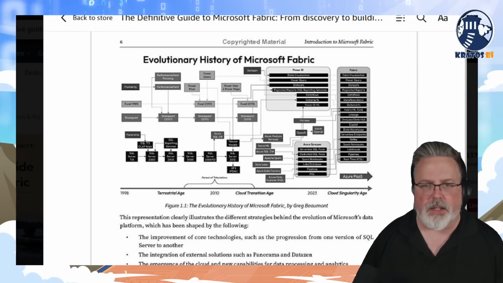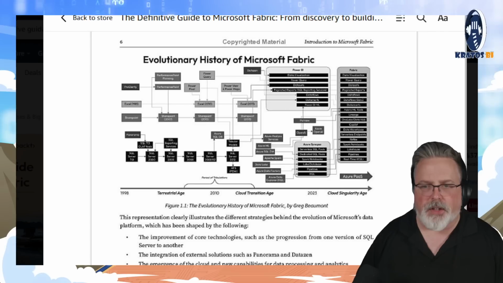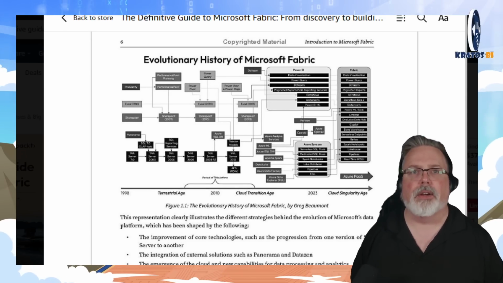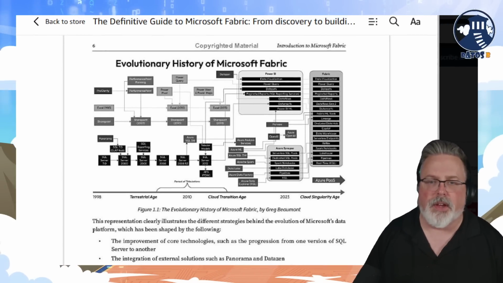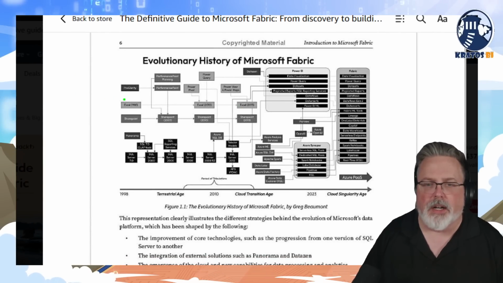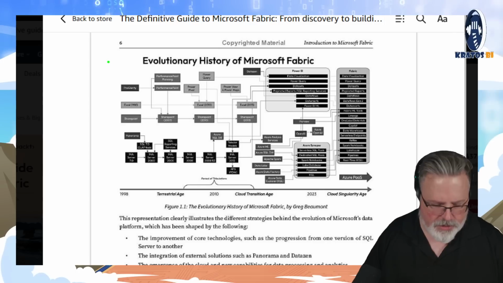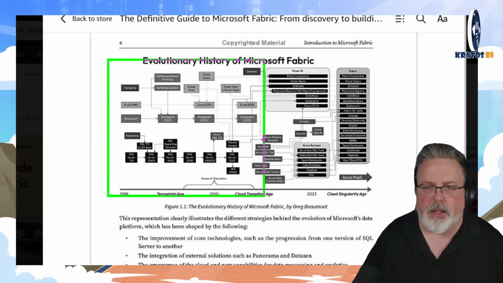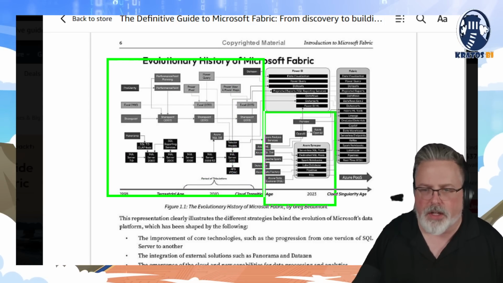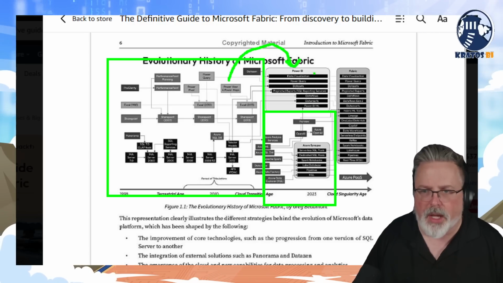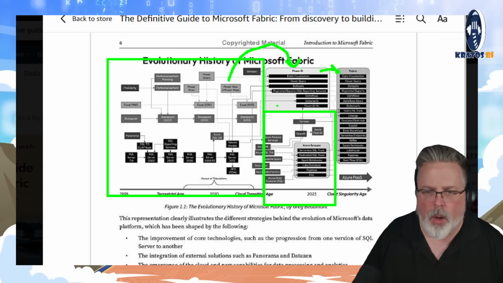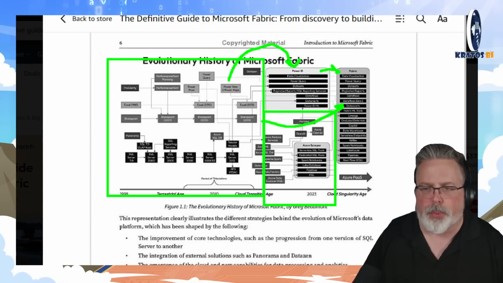Let's take a look in here. Oh, that's not very good. But you've got some nice diagrams that show you the history and evolution of Microsoft Fabric, right? It's a little hard to read here, but basically it shows you all of these components that either got put into Power BI and then into Fabric, or all of them just were put into Fabric.